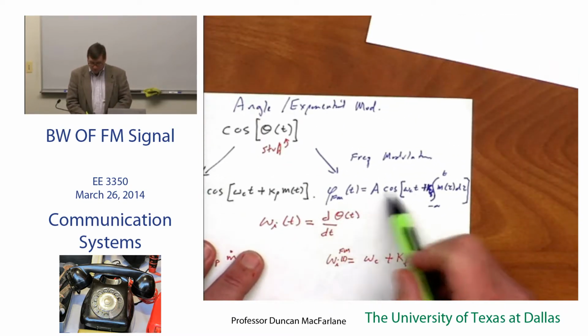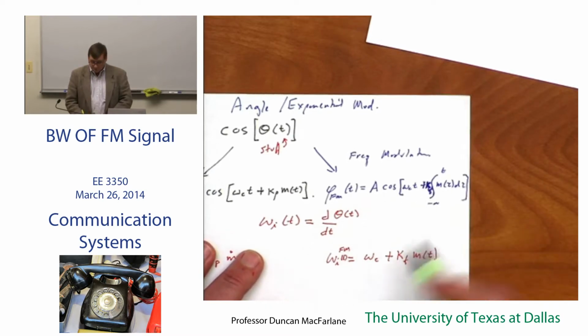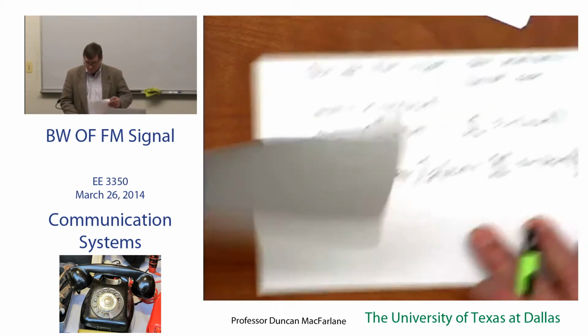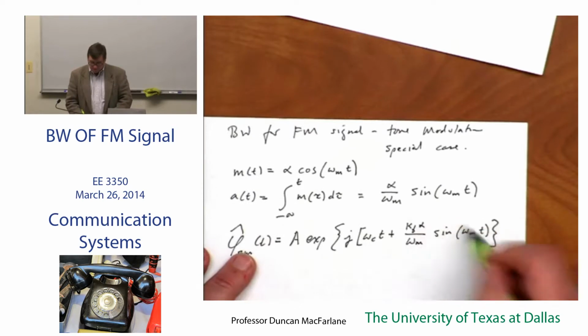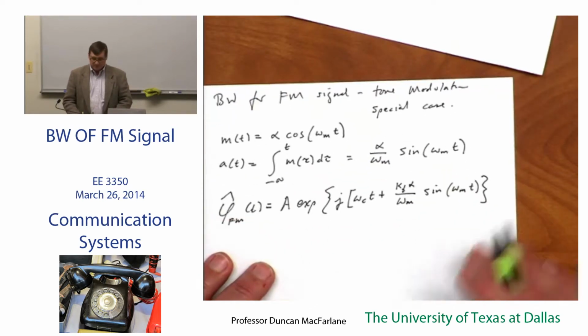So, where was I? FM is equal to A cosine of omega ct plus kf times the integral. This guy here is a of t. The integral of my cosine is that sine there. Okay?